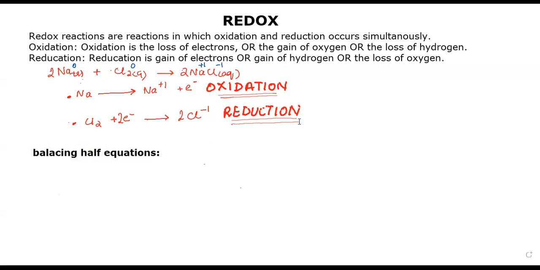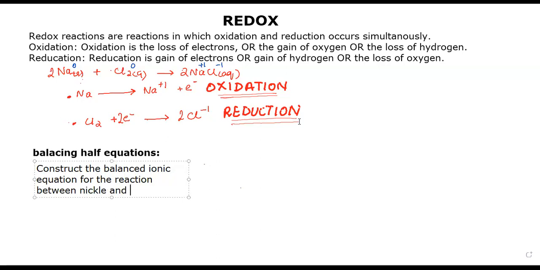So the question is this. Construct the balanced ionic equation for the reaction between nickel and iron 3 ions from the half equations.